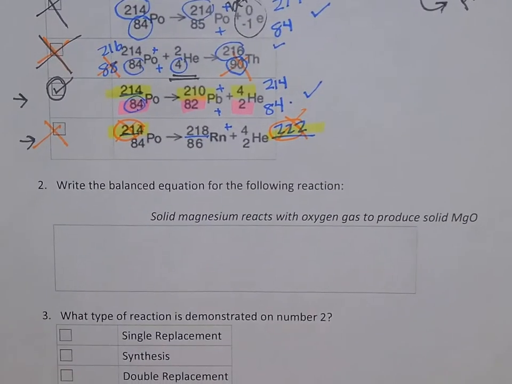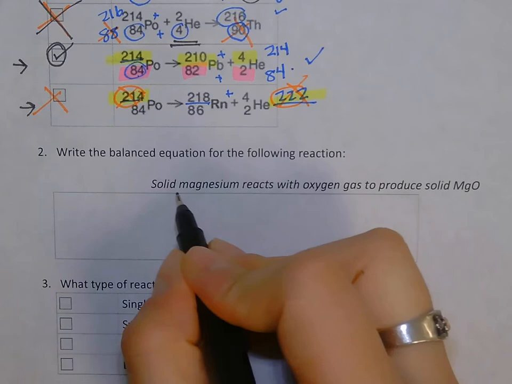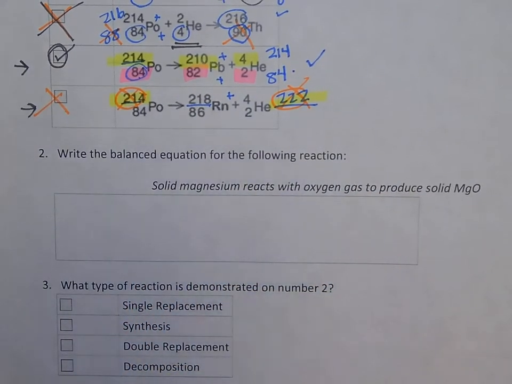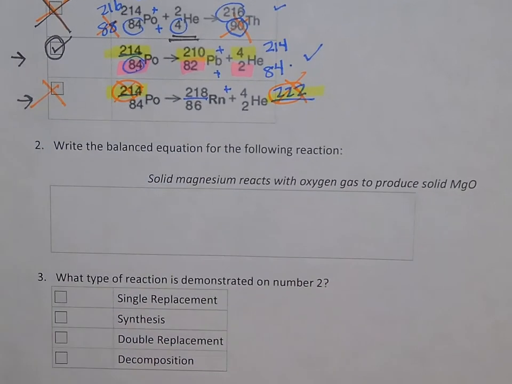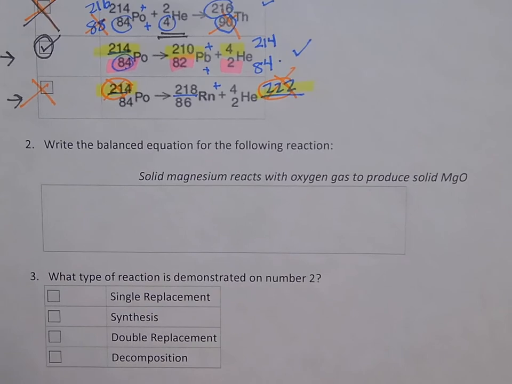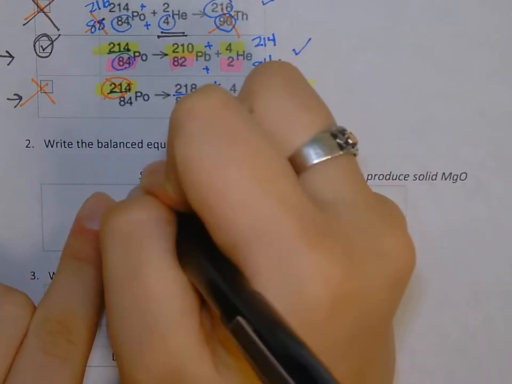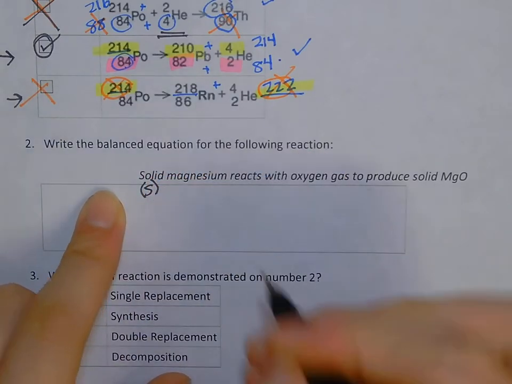Next, write the balanced equation for the following reaction. So for these, you want to go in and fill out the element symbols that you do know, and then you want to make sure that you are doing the state of matter for each one, and then you have to balance everything out. So solid, suggesting that I should have an S between parentheses.